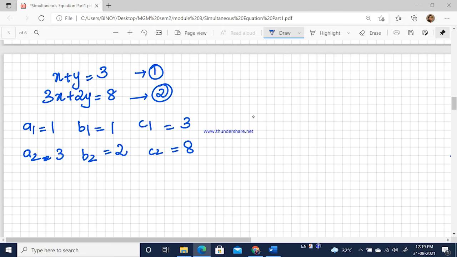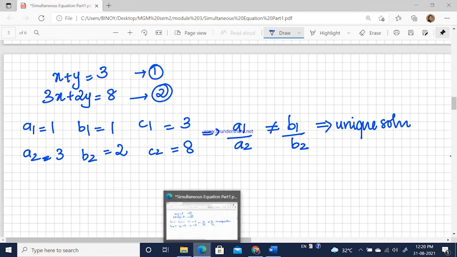Now we can say that a1 by a2 is not equal to b1 by b2. If this is the condition, then it has only a unique solution, that is exactly one solution.